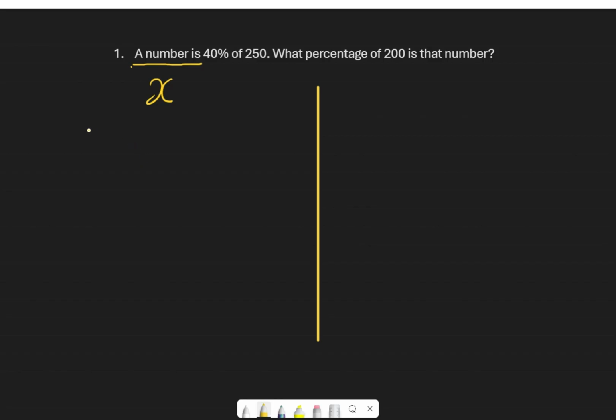So it means that our x is 40% of 250. Let's solve this.